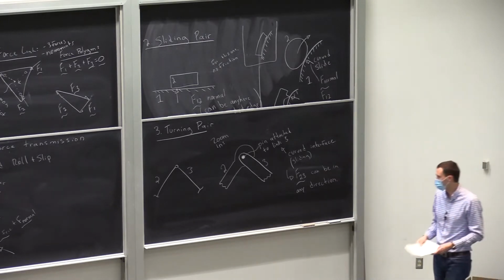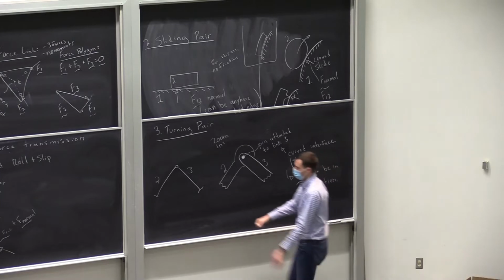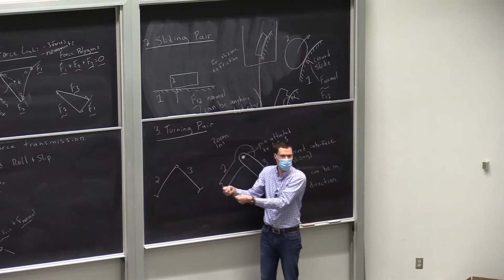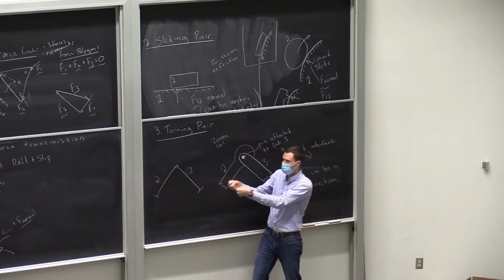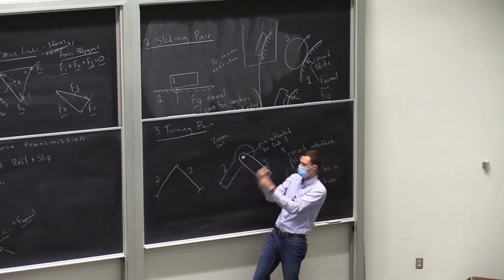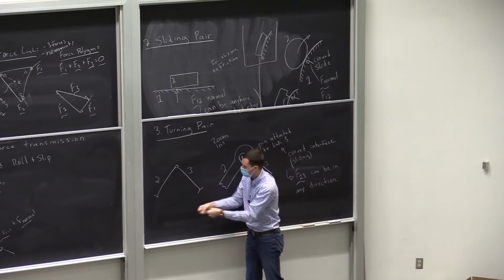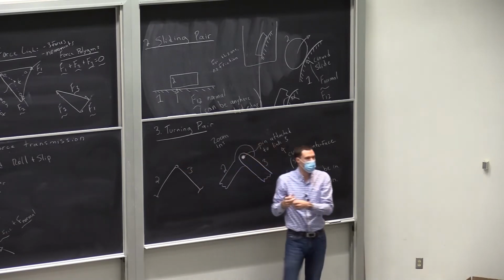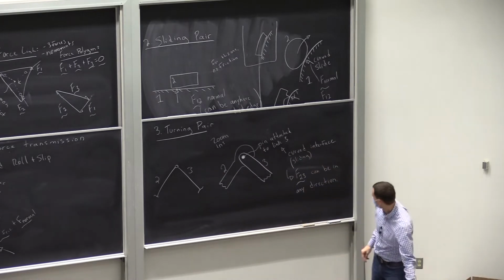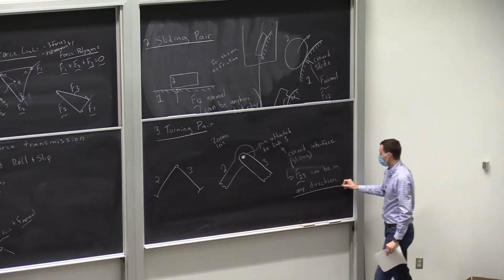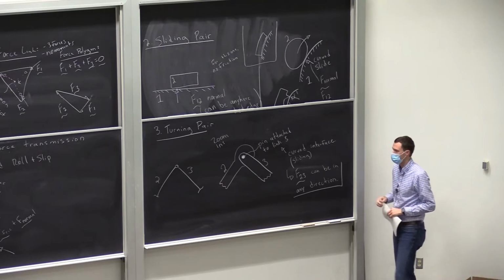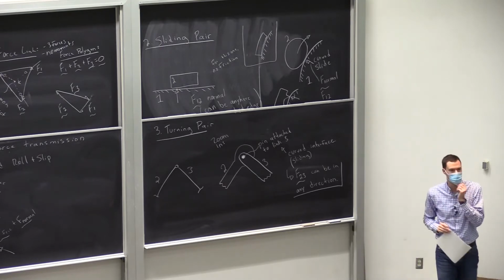If you have a pin joint, think if you were holding link 2 and I was holding link 3, we could fight against each other, and I could pull up like I'm fishing. I could push down. I could push up and down, any direction. It can transmit force in any direction. So that's our conclusion for F23, the force between 2 links connected by a turning pair.